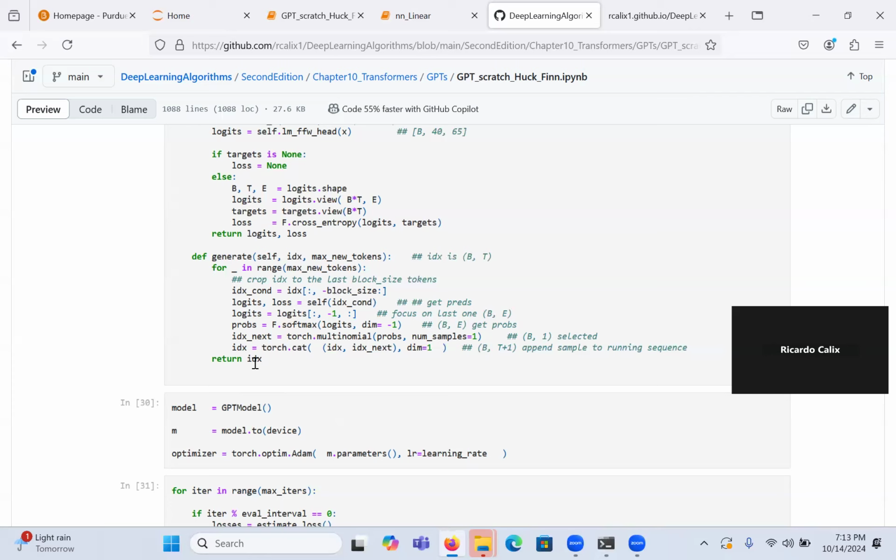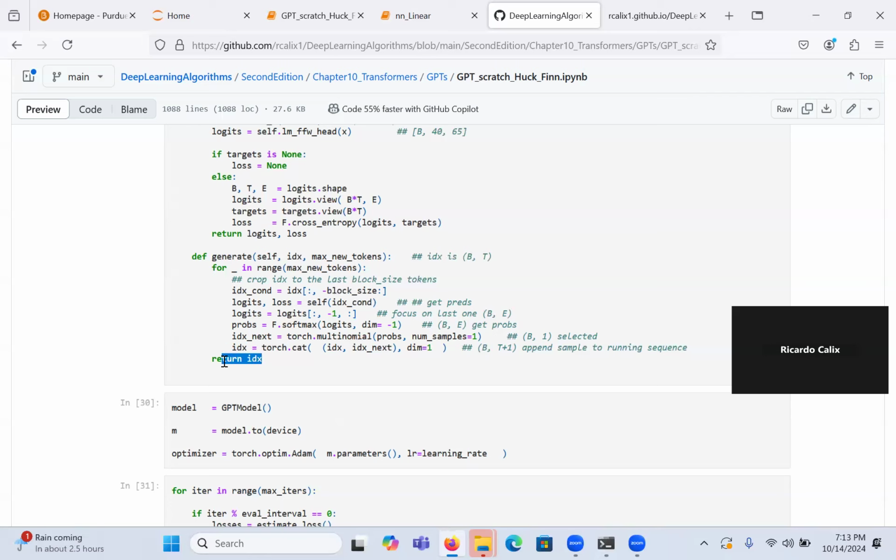All right, so you give it the tensor, right? You give it the tensor. You give that input to the model, and it will predict logits. You grab the last one, and then you run it through the softmax, and then predict, out of 64, the one that has the highest value. And then that gets concatenated to IDX. And at the end of the day, you return IDX.